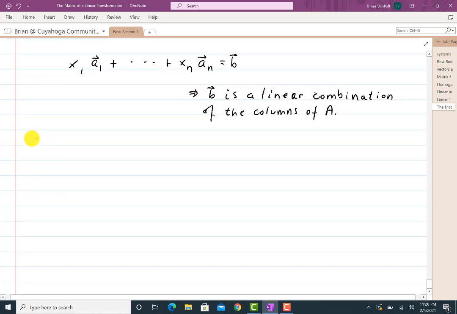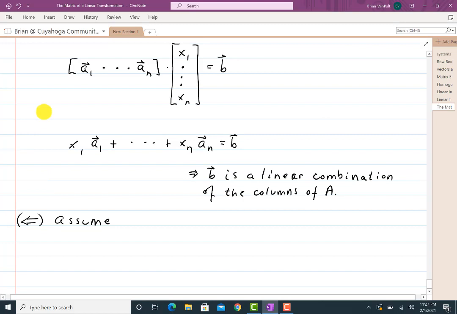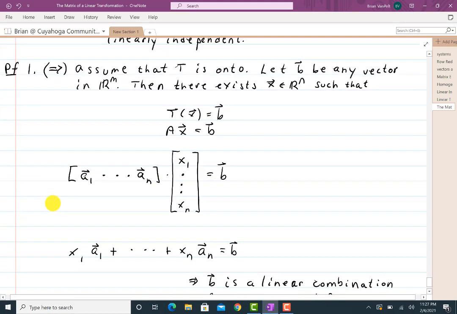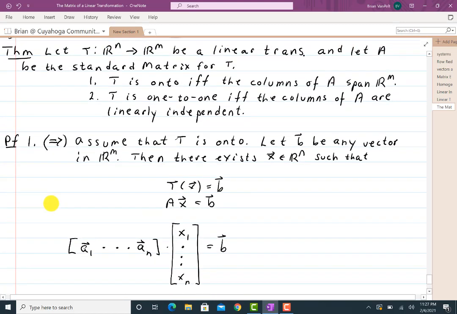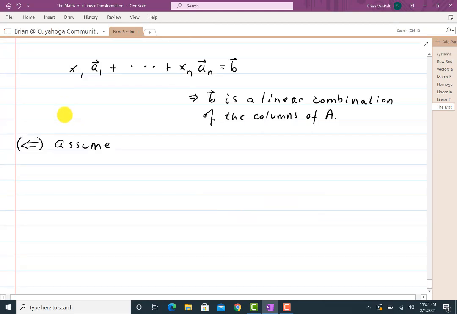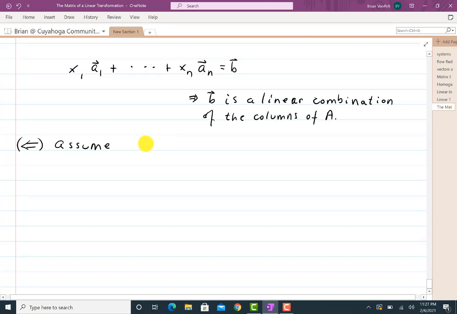Now let's go and do the reverse way. Let's come back to what it said in the theorem. It said that T is onto if and only if the columns of A span R^m. So this time we're going to assume that R^m equals the span of a1 up to an.